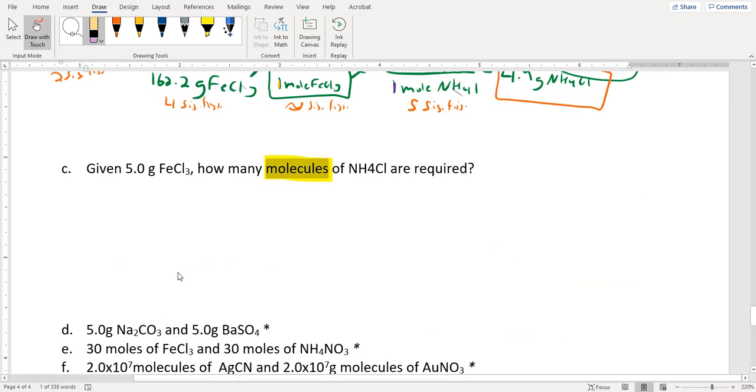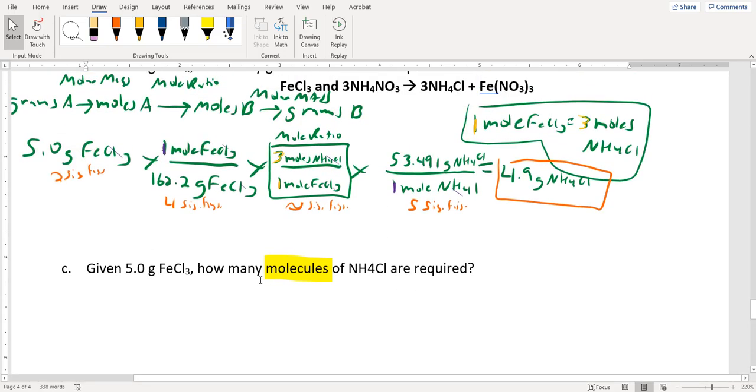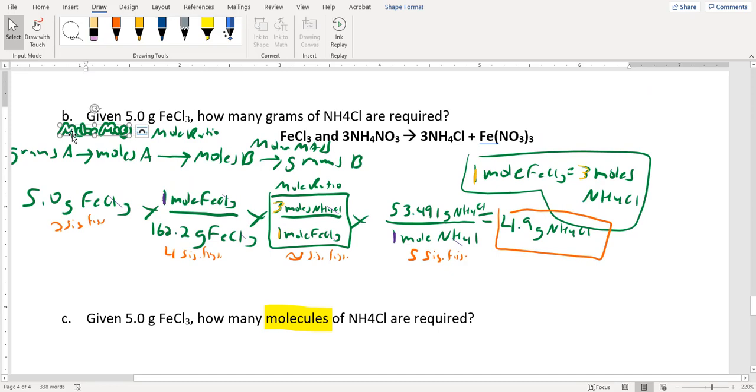Now I'm going to do a similar problem. The only difference is I'm going to go ahead and figure out the number of molecules instead of grams of ammonium chloride. So what I'm going to do is take a lot of the repeated work to demonstrate this.